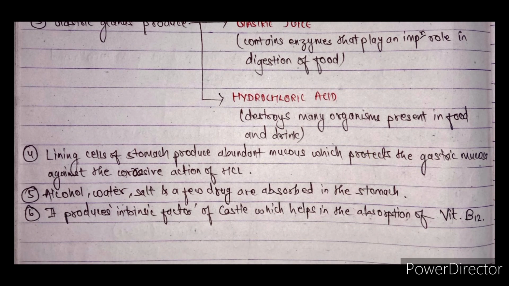The lining cells of stomach produce abundant mucus which protects the gastric mucosa against the corrosive action of hydrochloric acid. Alcohol, water, salt and a few drugs are absorbed in the stomach. Stomach produces intrinsic factor of Castle which helps in the absorption of vitamin B12.